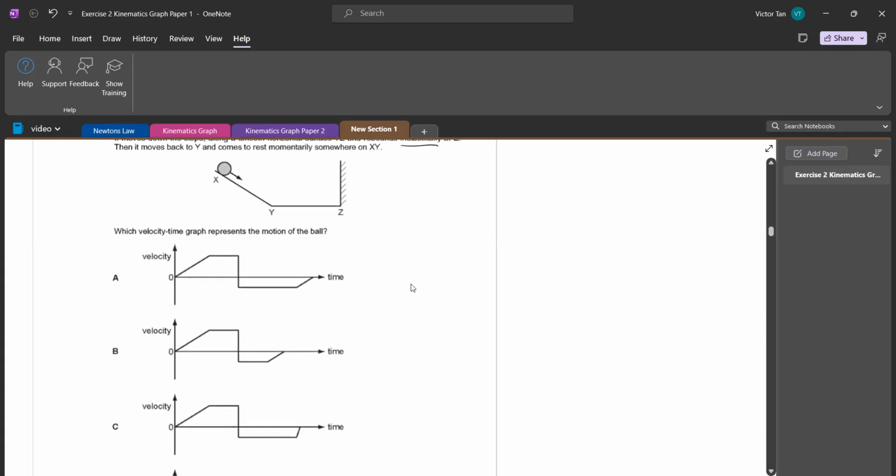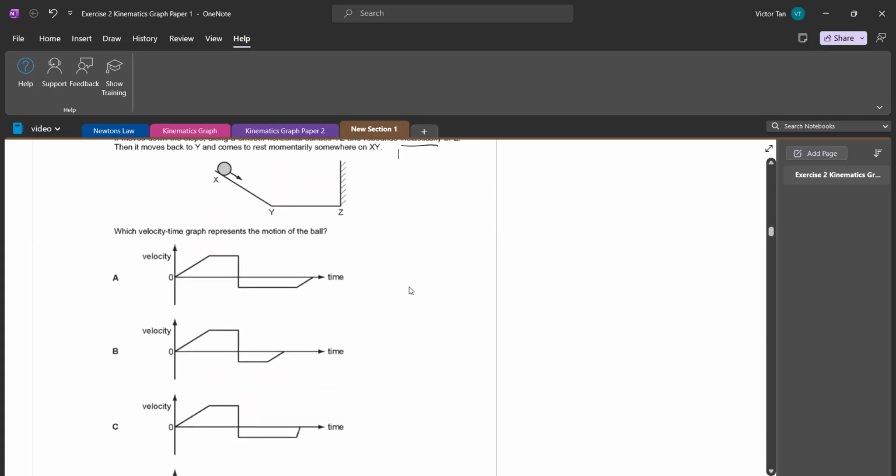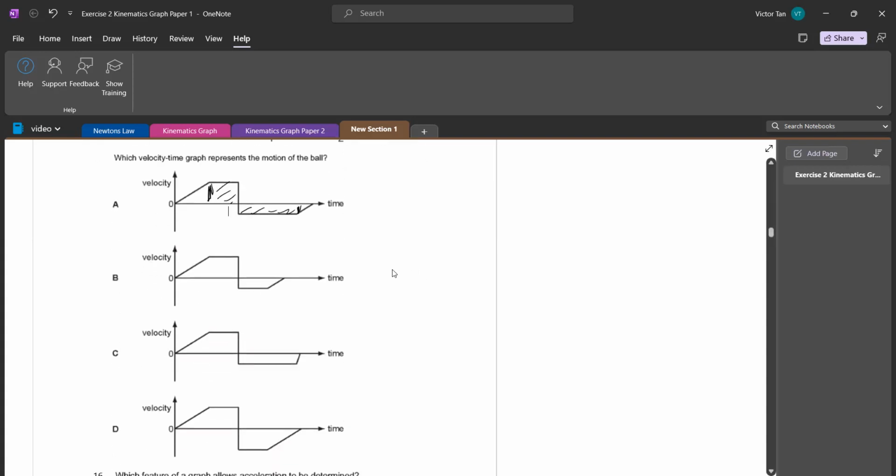So the first part of the graph is all the same. The second part of the graph, and this part of the graph, must be of equal area because they are of equal distance. So only these two give you this answer.